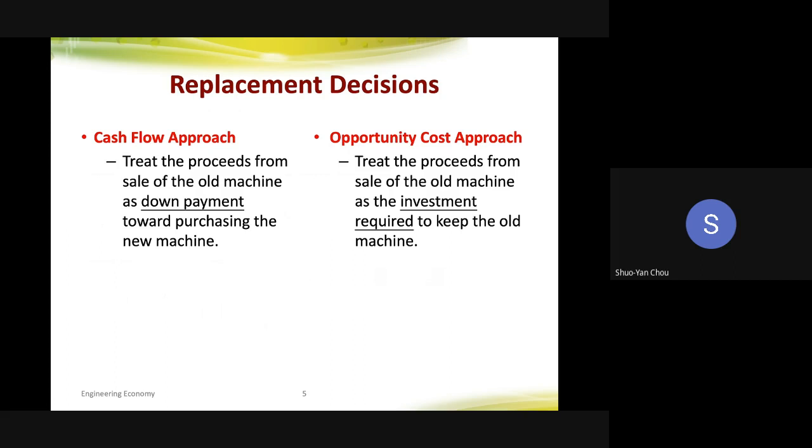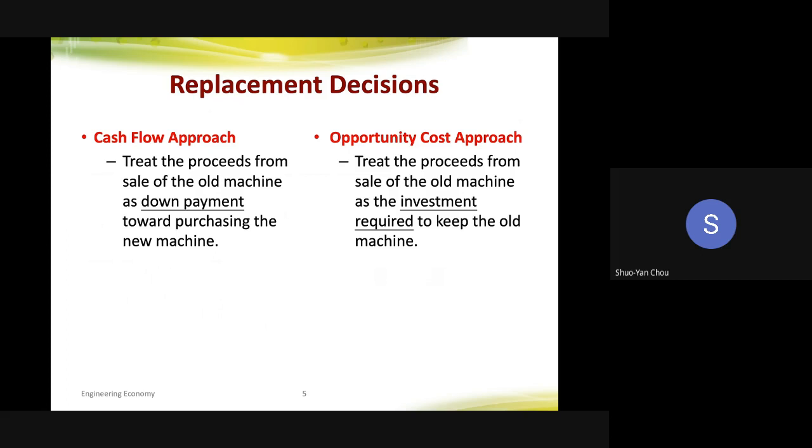So this 10,000 will not appear in the new machine. It will be considered the loss of the old machine. The loss in choosing the old machine will be equal to the gain of 10,000 in the new machine. So it can be on either side, and the result apparently will be the same.